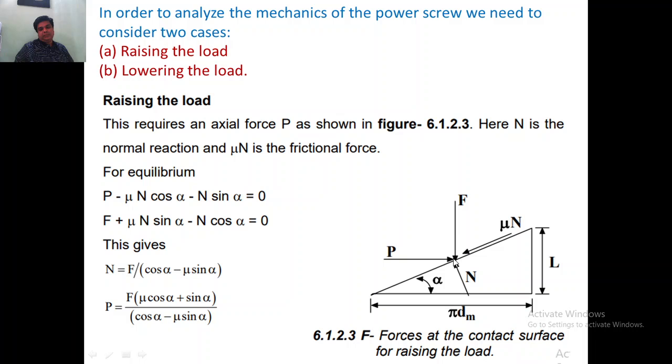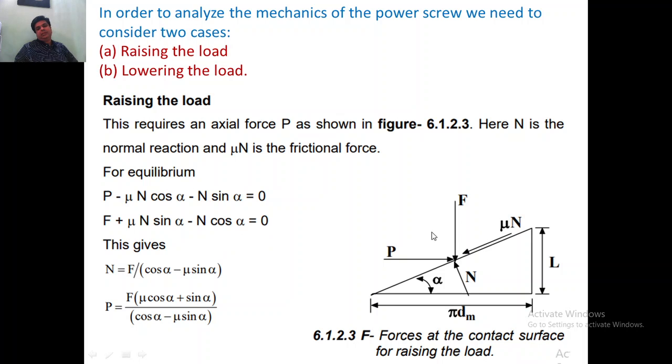Similarly, the summation of all the forces in y direction. In y direction we have the load F to be lifted. So this F is there, and this frictional force, resolve that in y direction. It will be acting in the downward direction. It is positive, mu1 sin alpha, and again this N, you resolve this in y direction, it will be N cos alpha.